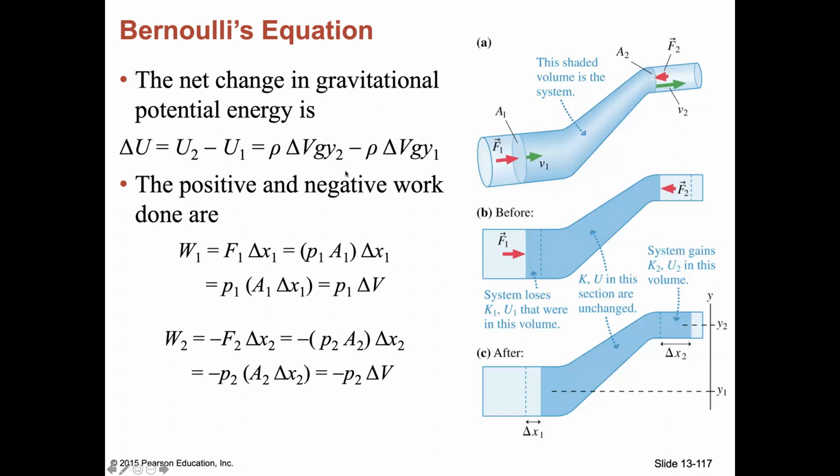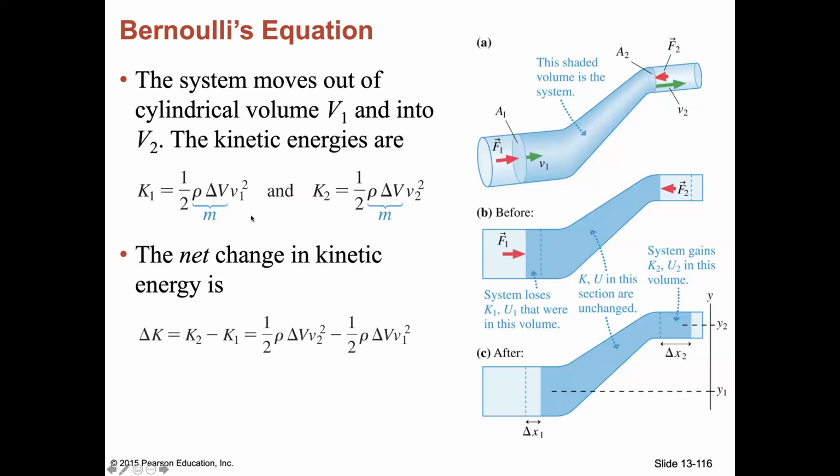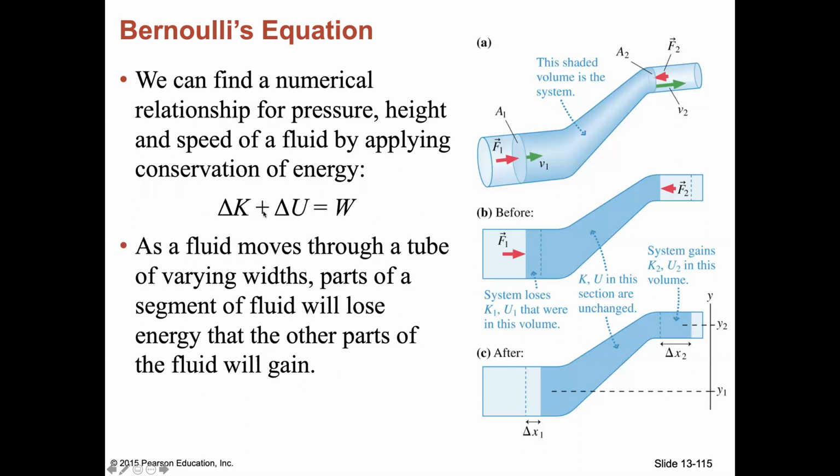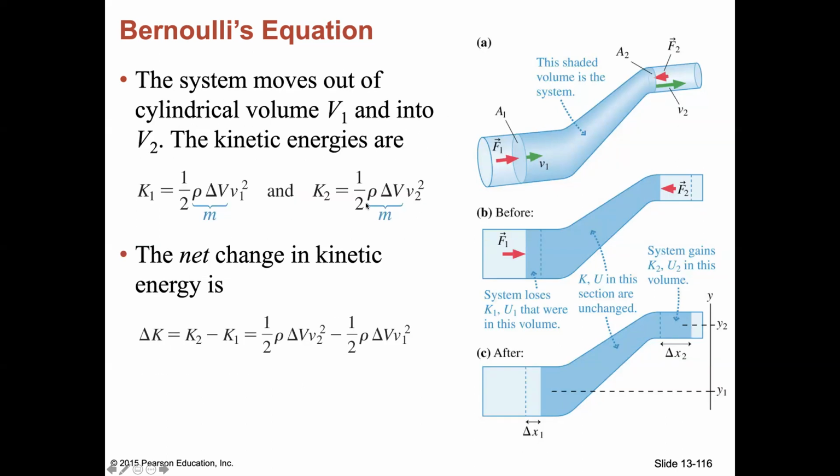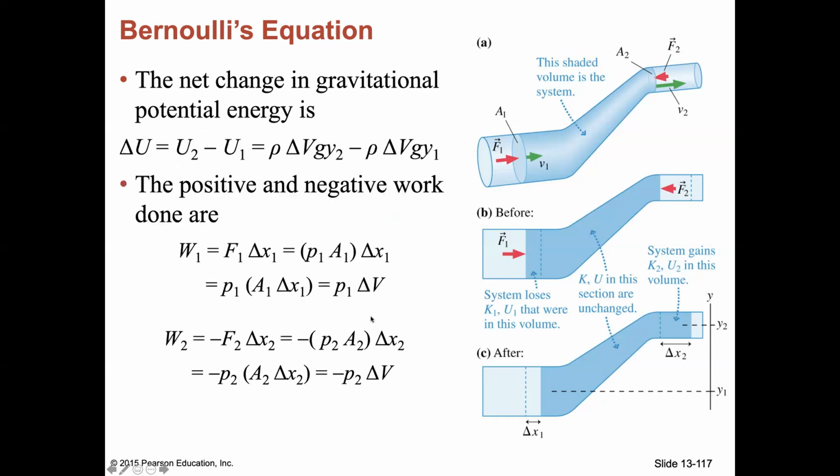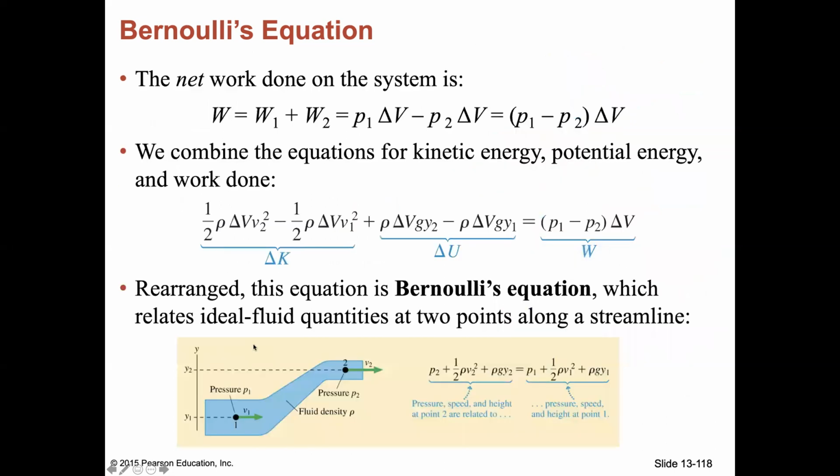So if we organize everything into the original equation, which is here, delta K plus delta U equals W, delta K could be written in this way. Delta U is written in this equation, and W could be written as W1 subtracted by W2.